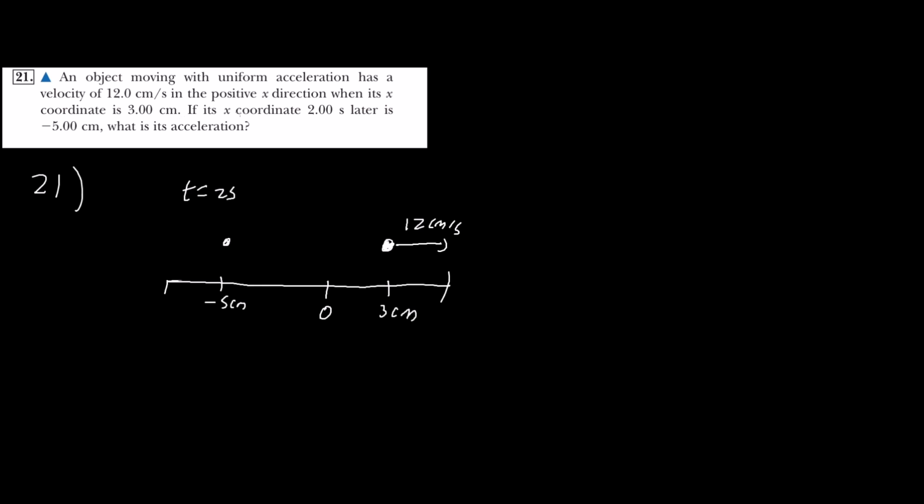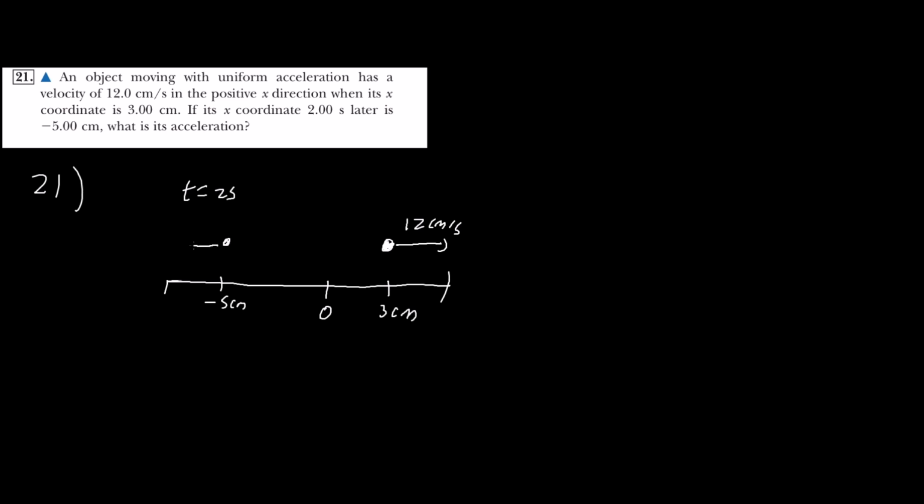And I know that. If the x coordinate at 2 seconds later is at negative 5 centimeters, what is its acceleration? Okay, wait, let me think about this. We don't know what the final velocity is, but it does give us the acceleration. Uniform acceleration, well, we do know this.